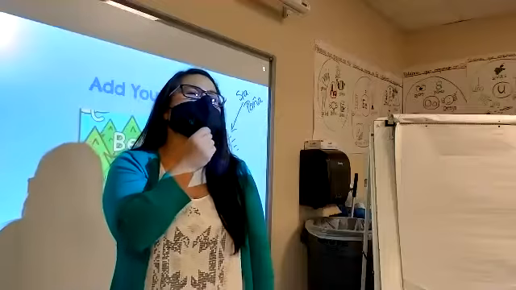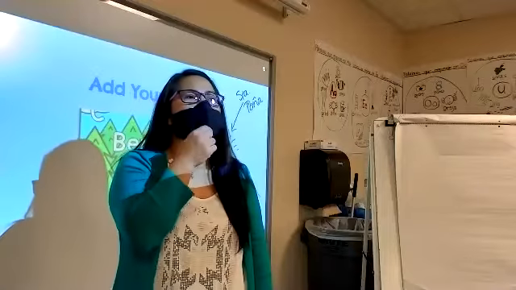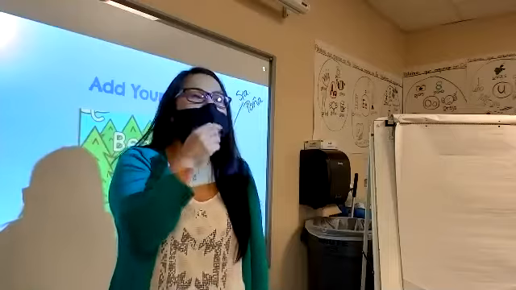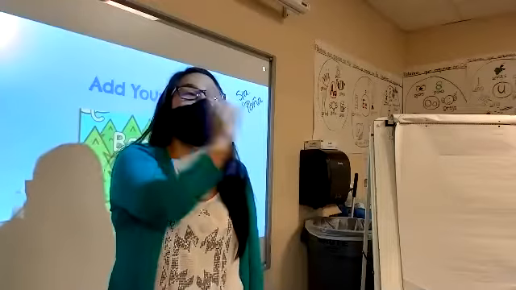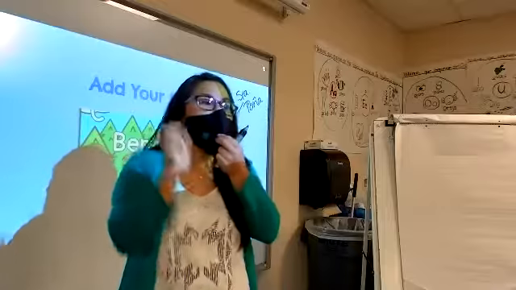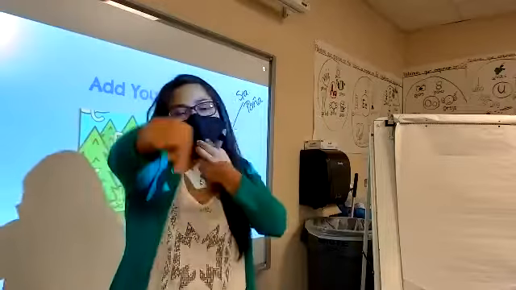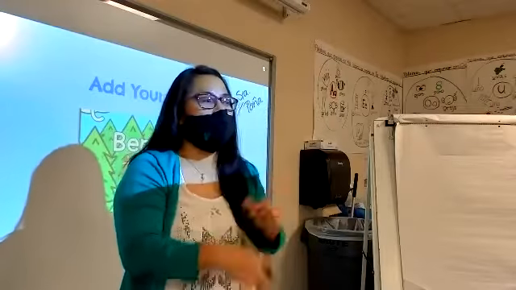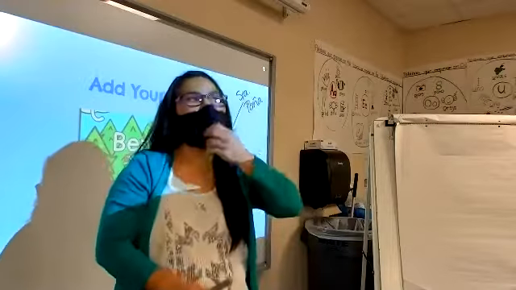I want to see everybody in their story. And then after you're done putting lots of detail and color and labeling, I want you to make sure you label yourself. I want to be able to see your picture and say, oh, there is Maggie because she labeled herself. Oh, there is Arturo because he labeled himself. Label your name, please. Okay? 10 minutes. Here we go.